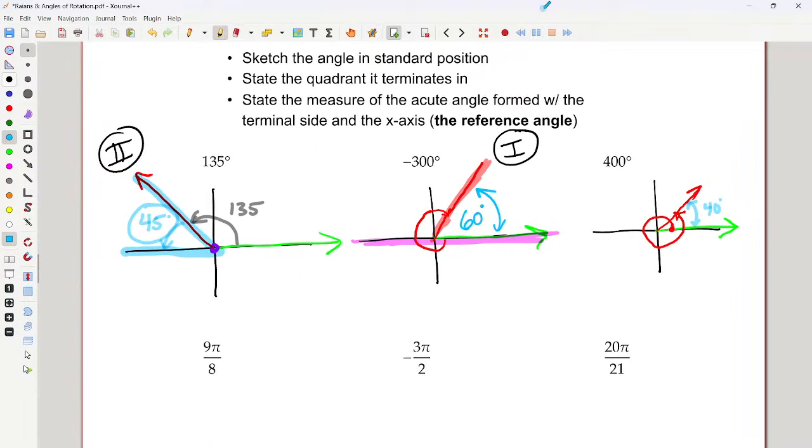So in a sense, we're taking the given number there, the 400, subtract the entire rotation, 360. Did that work here though? It worked right there. If I subtract 360, it's definitely not going to bring me to 45.